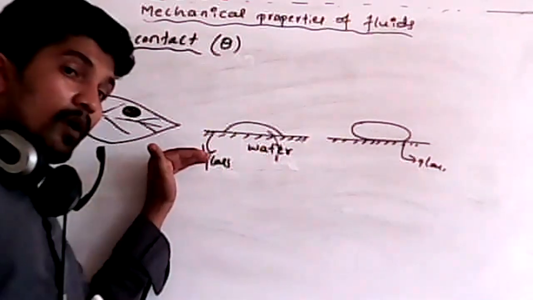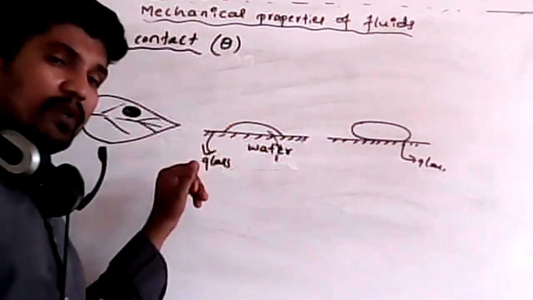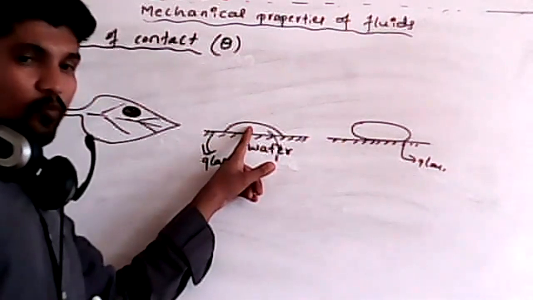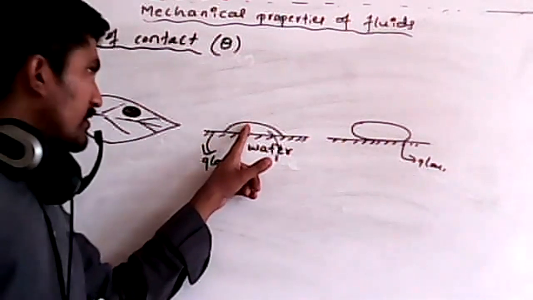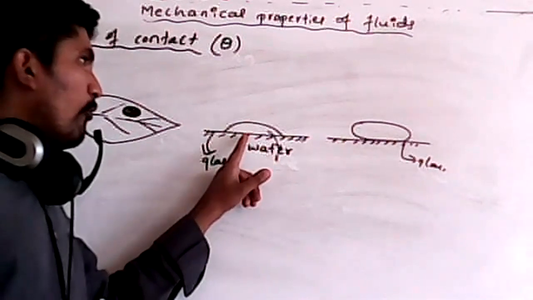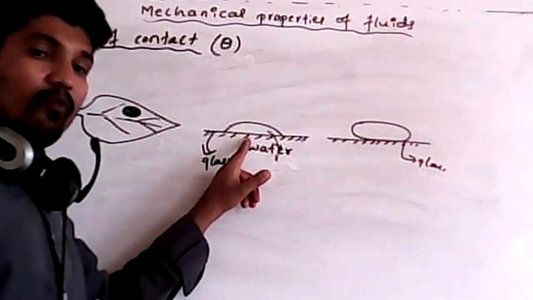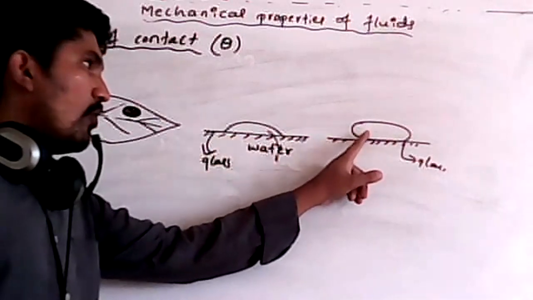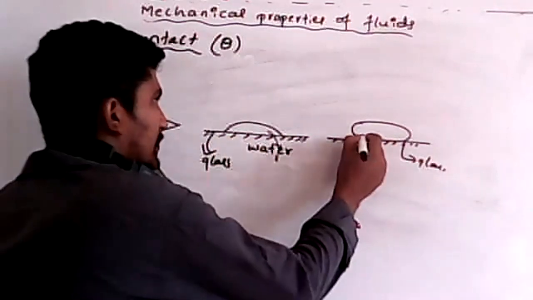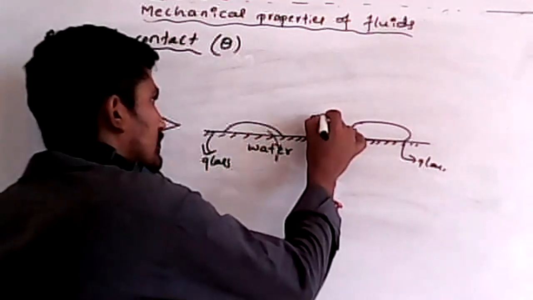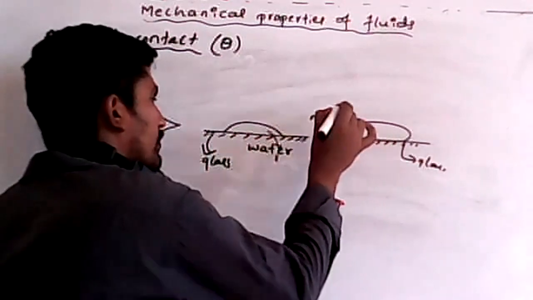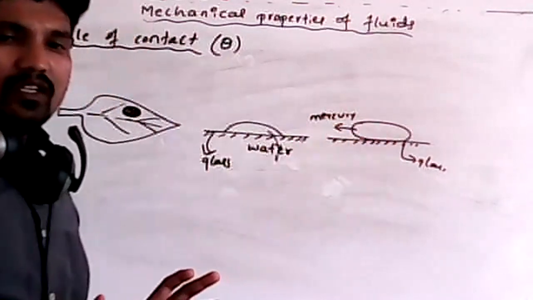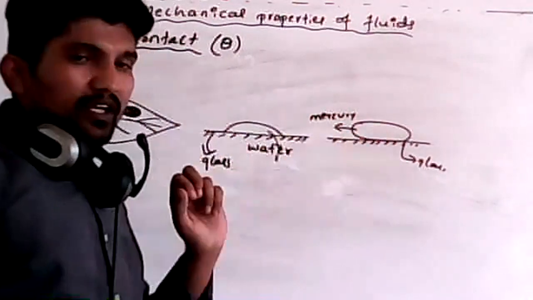Interface means a boundary which separates two media. This is solid and this is liquid, the water drop, which wets the solid surface. But mercury will not wet the glass plate, so we can consider it a mercury drop, spherical in nature.